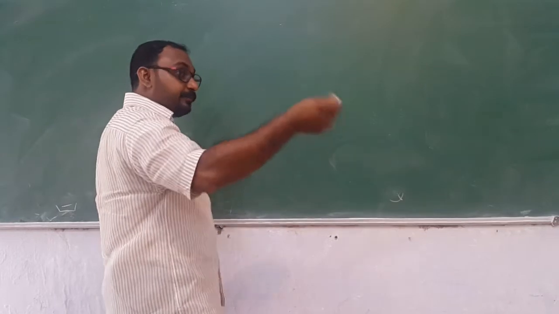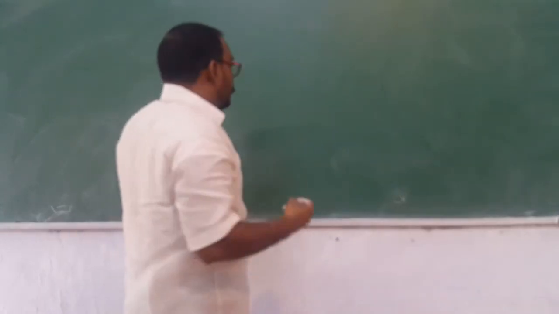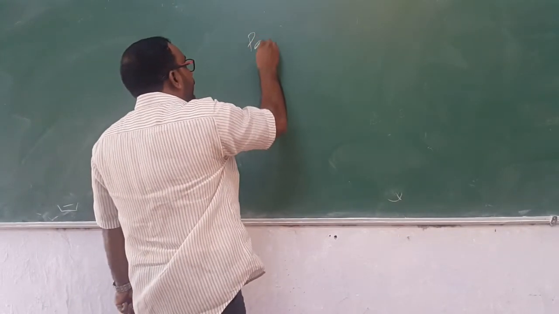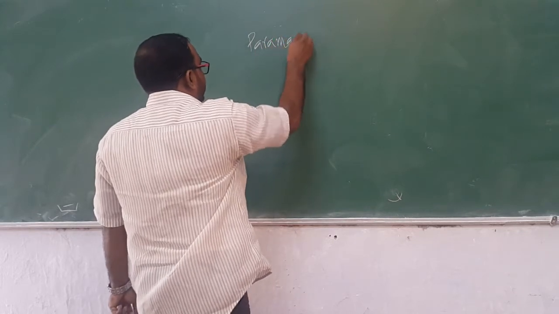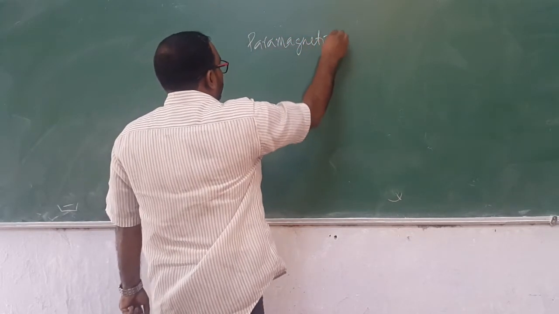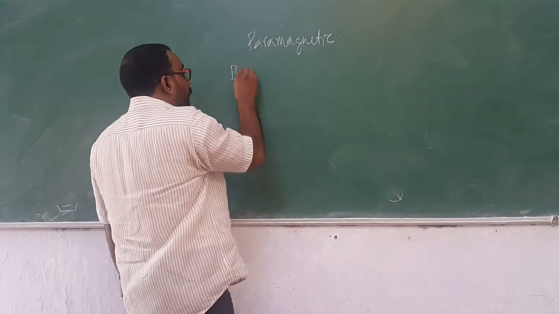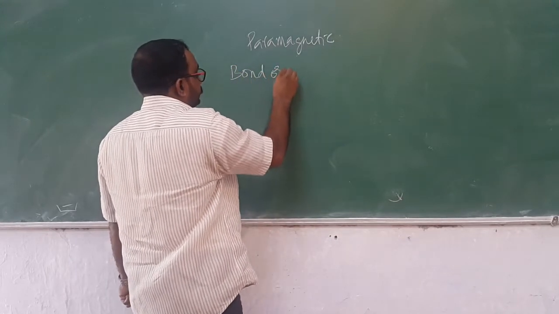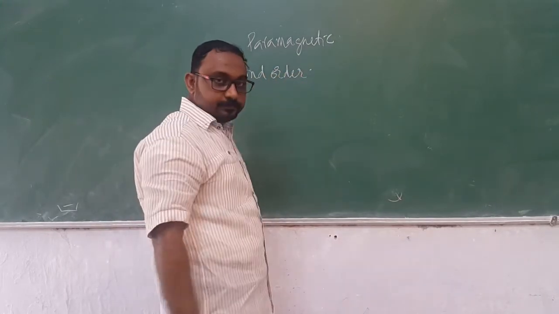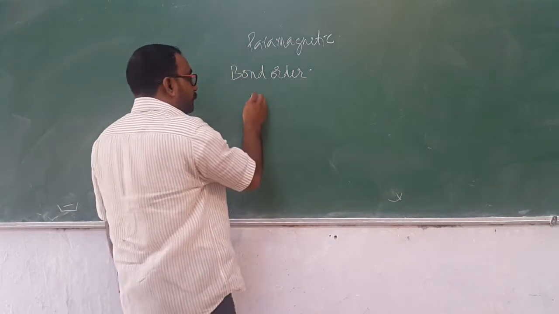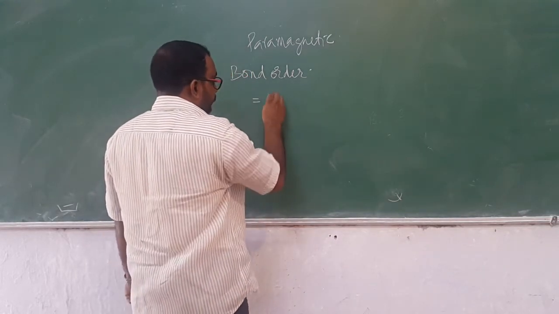And finally we will get into the real problem. How can you say that a molecule is paramagnetic? For that, you need to look at bond order. So, how do you find out the bond order? For that, you have an equation.